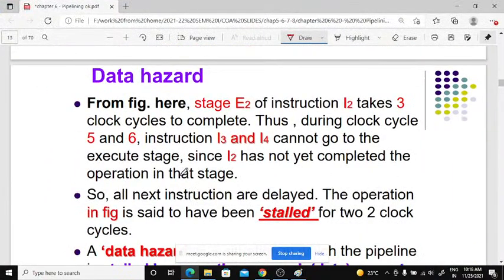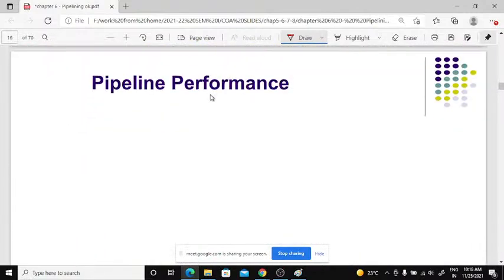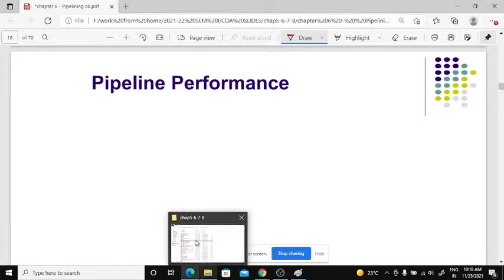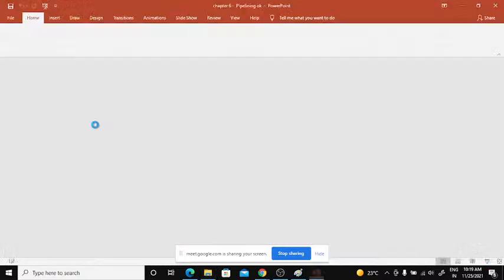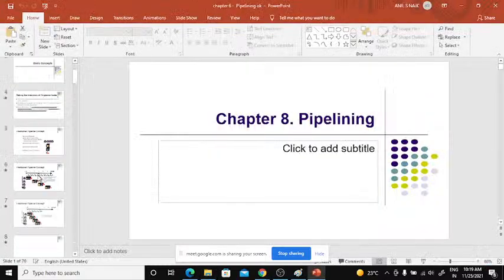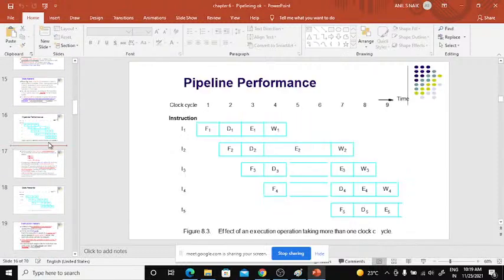Then this is the example for data hazards. Okay, so here you can see, actually the diagram is not showing here. When we convert, there is some error it is giving.